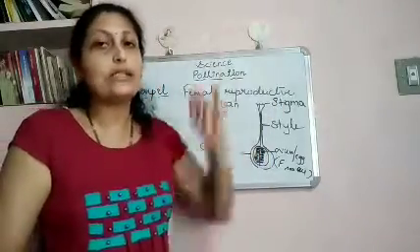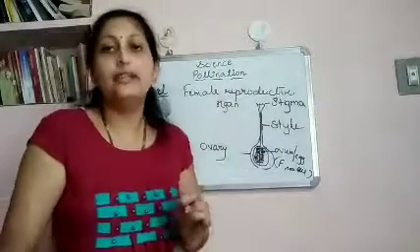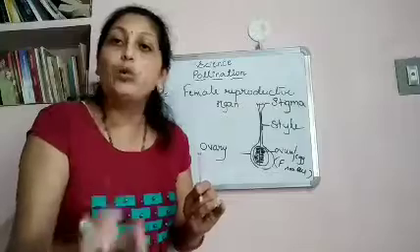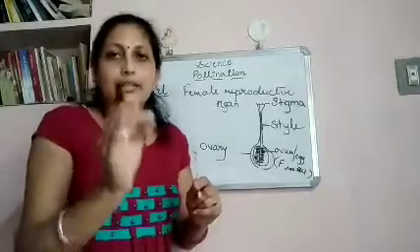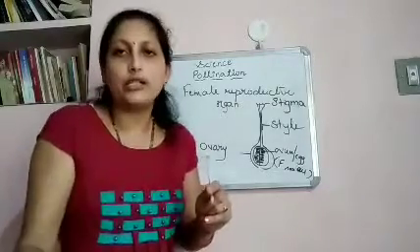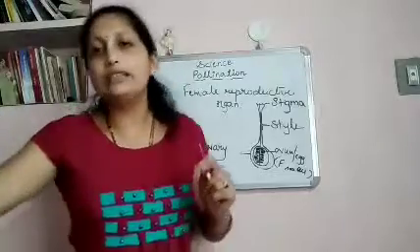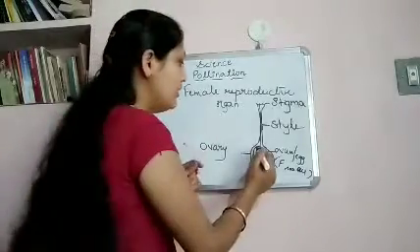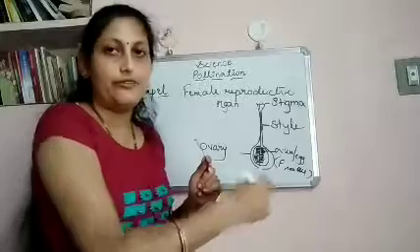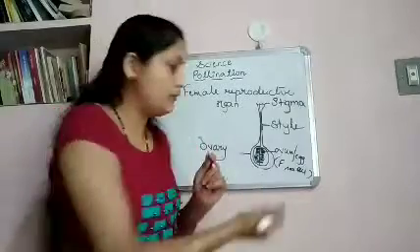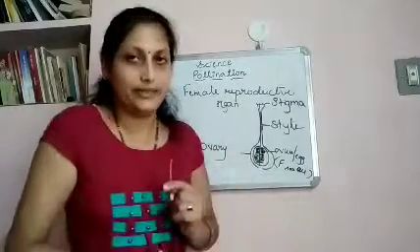But the pollen grains, the male sex cells, are motile. They can be carried through wind, water or insects from one flower to another. But the ovule, the female sex cell, is non-motile. It is settled in one place.